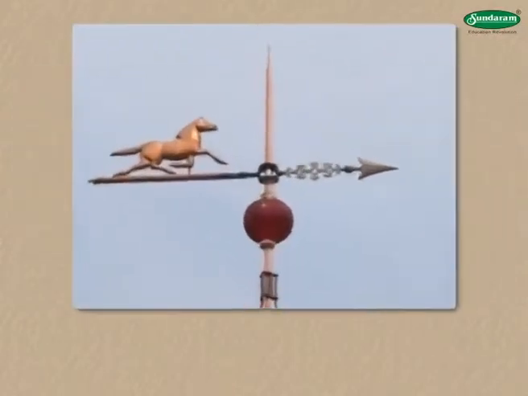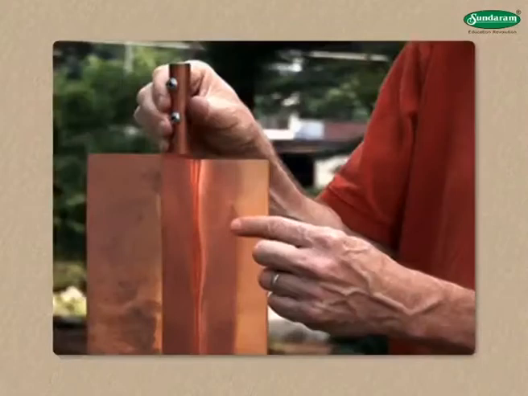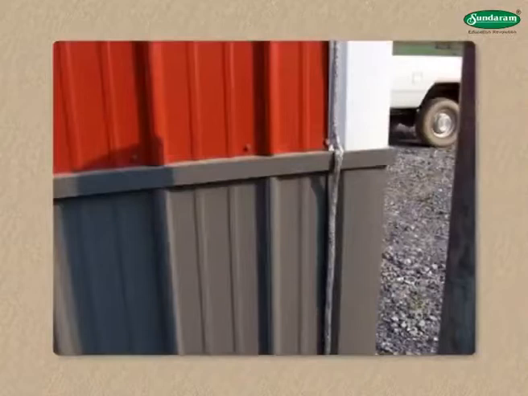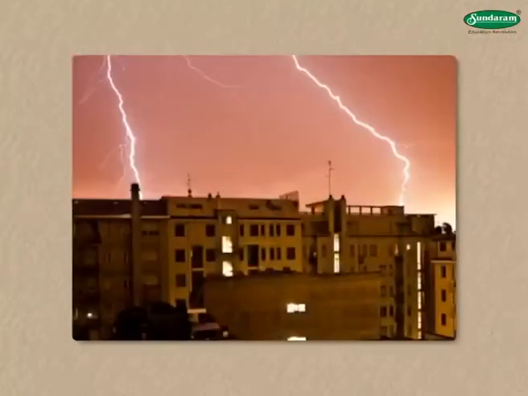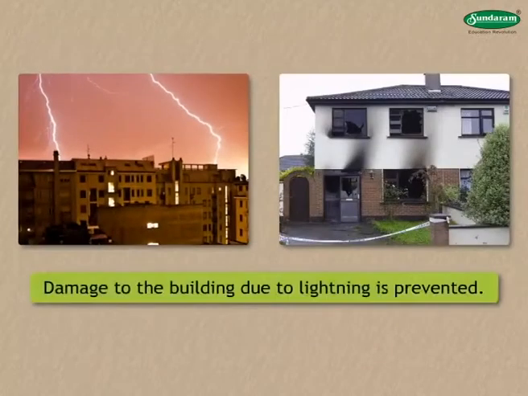A lightning conductor has a pointed shape and is made of copper. A thick strip of copper is attached to it. The other end of this strip is buried directly in the ground. When lightning occurs, it is attracted to the pointed lightning conductor and from there flows directly into the ground. Thus, any damage to the building due to lightning is prevented.